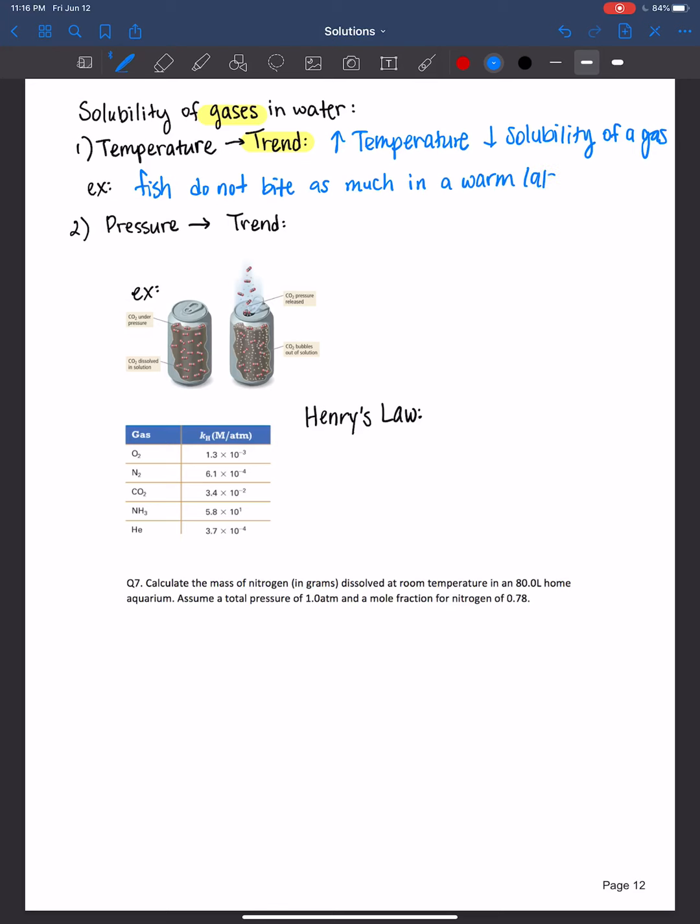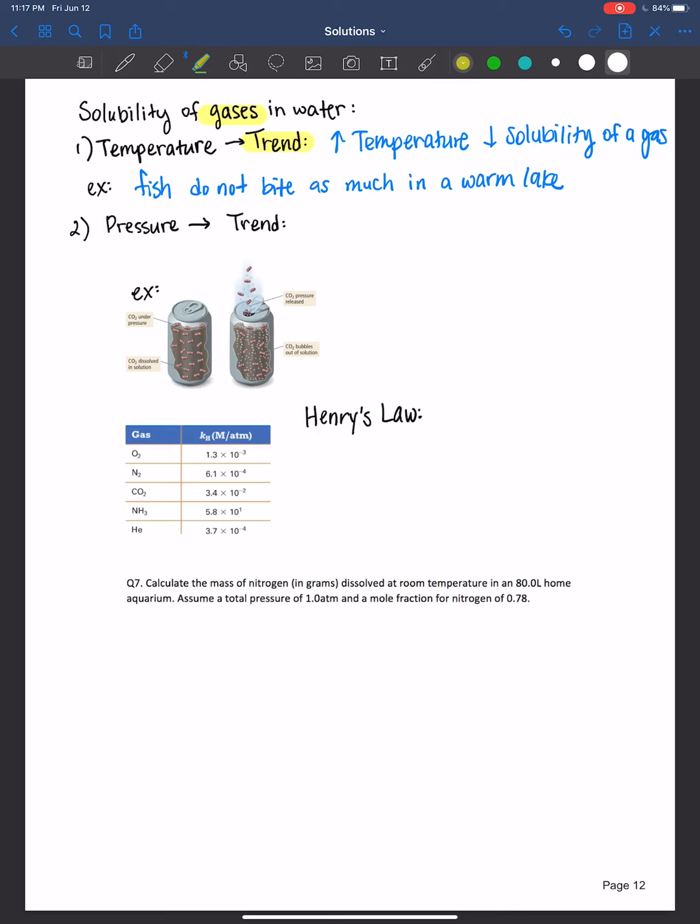And why is that? Why are the fish not biting as much when it's hotter outside? Let's think about this. The fish need oxygen, right? And if the water's really hot, then the oxygen starts to bubble out of the lake water and goes into the atmosphere. When we talk about the solubility of the gas, we're talking about the solubility of the gas in water.